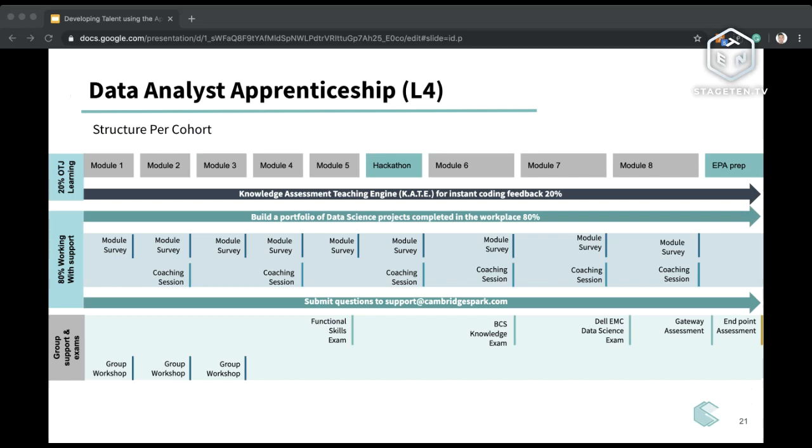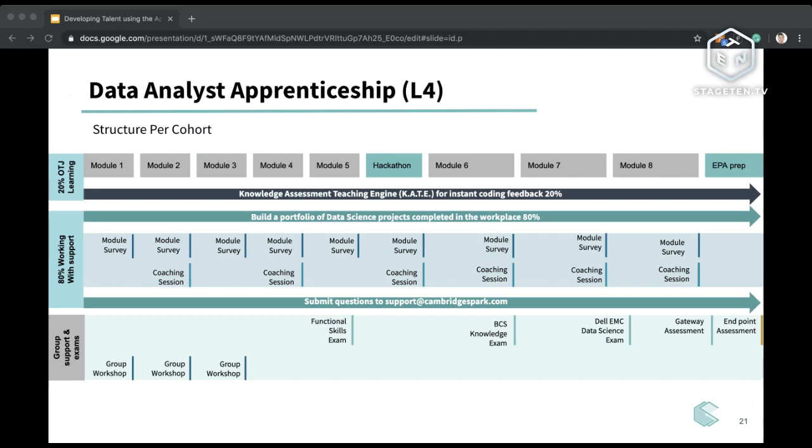If you as an employer are doing additional training in the workplace, so mentoring, shadowing, group sessions, sending them for additional training courses, that all counts to the 20% off the job training. So you'll find that you're meeting that target very quickly, very effectively.